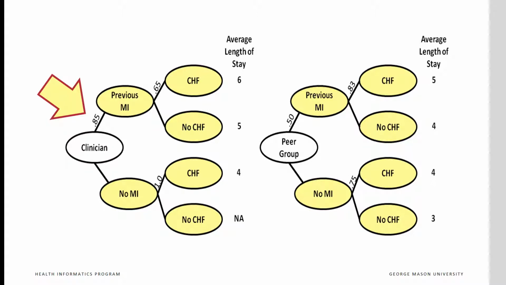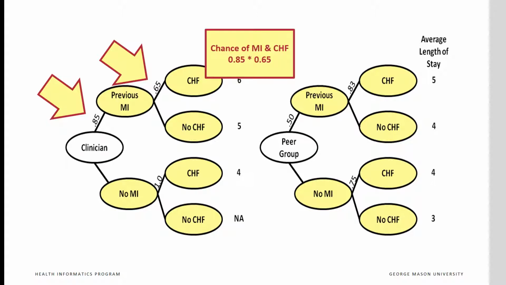Here we see that 85% of patients seen by the clinician have previous MI. Among those who have previous MI, 65% have congestive heart failure. So the probability of the patient type that has previous MI and congestive heart failure is 85% times 65%.